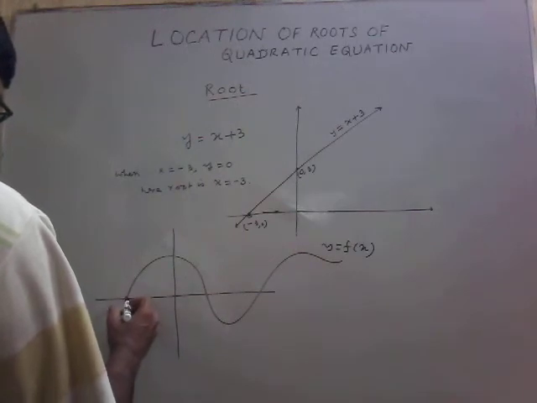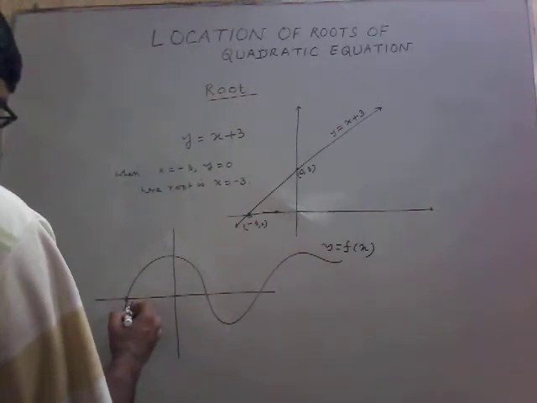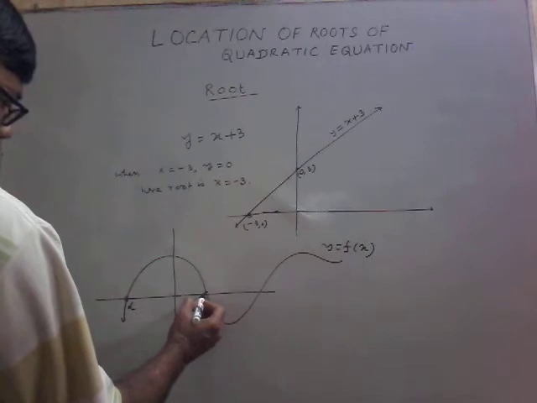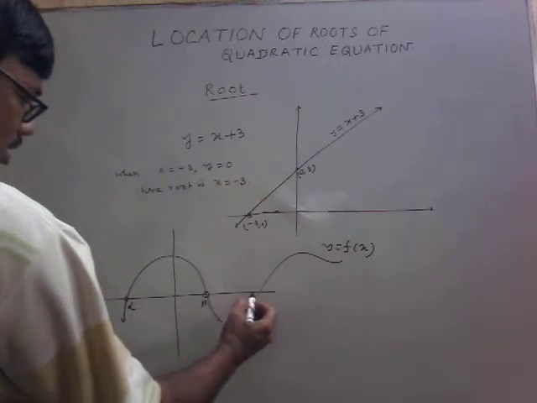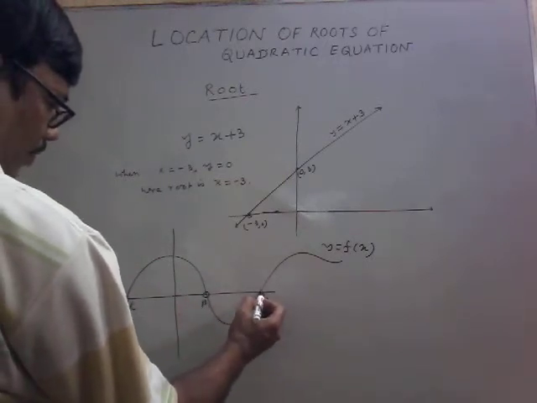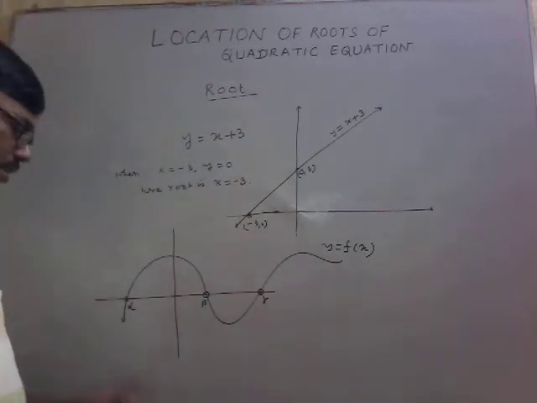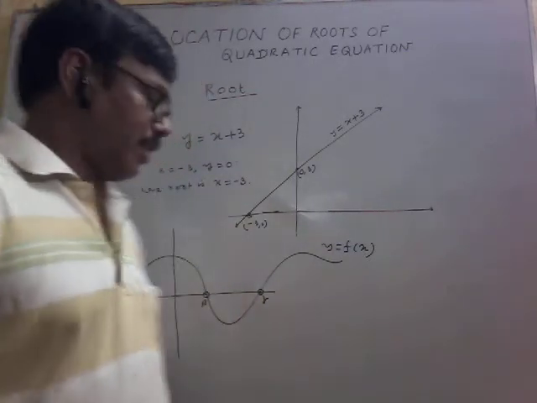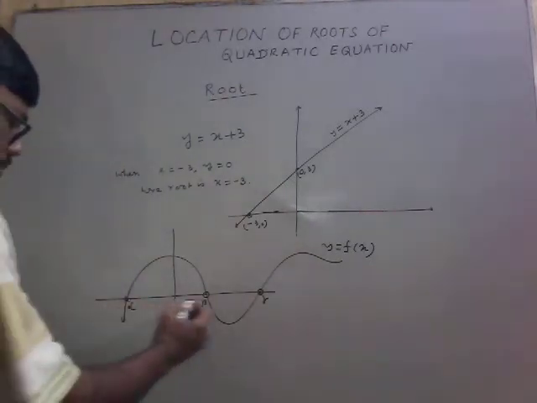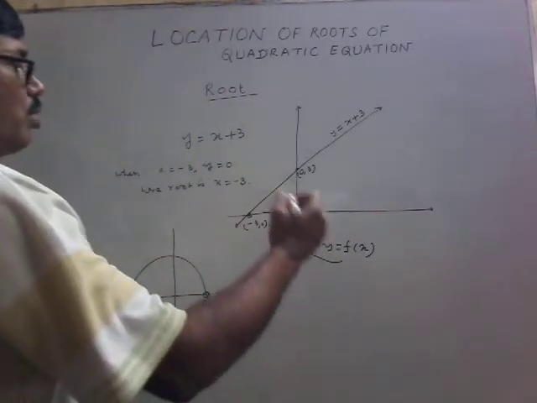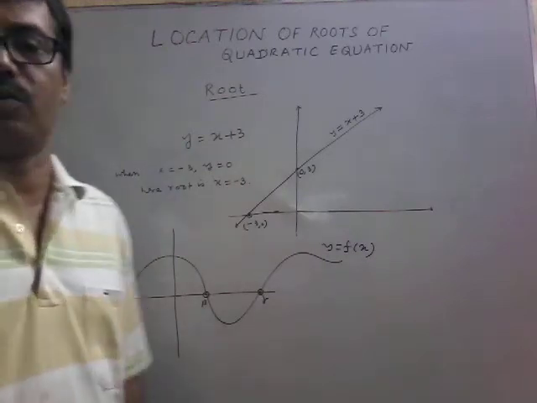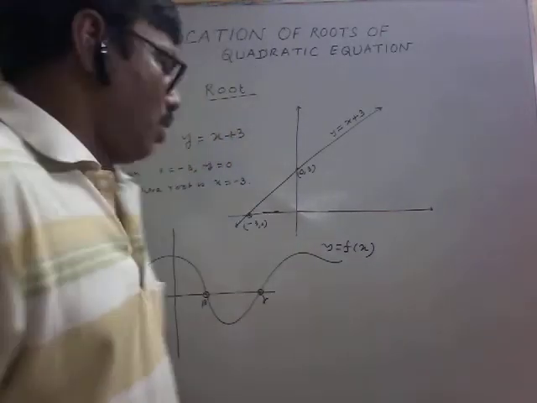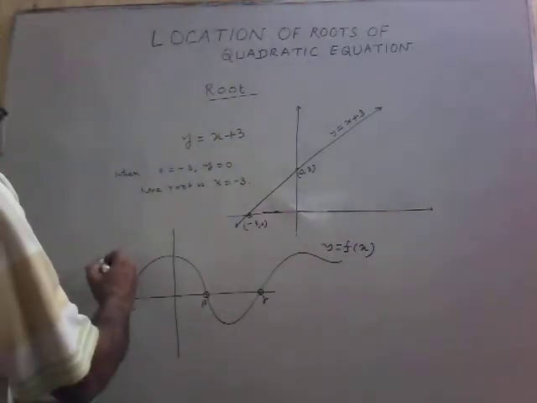Suppose this is alpha, this is beta, this is gamma. It cuts x-axis at alpha, beta, gamma. Therefore, alpha, beta, gamma are roots of the equation. So we need this idea.